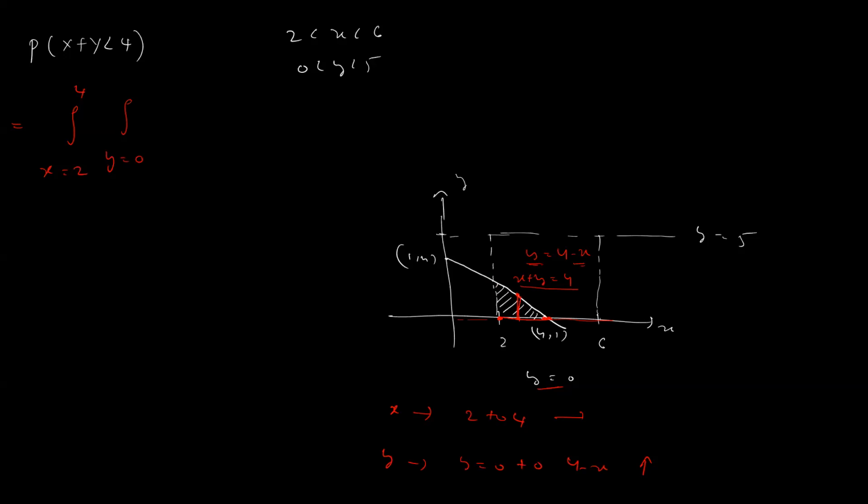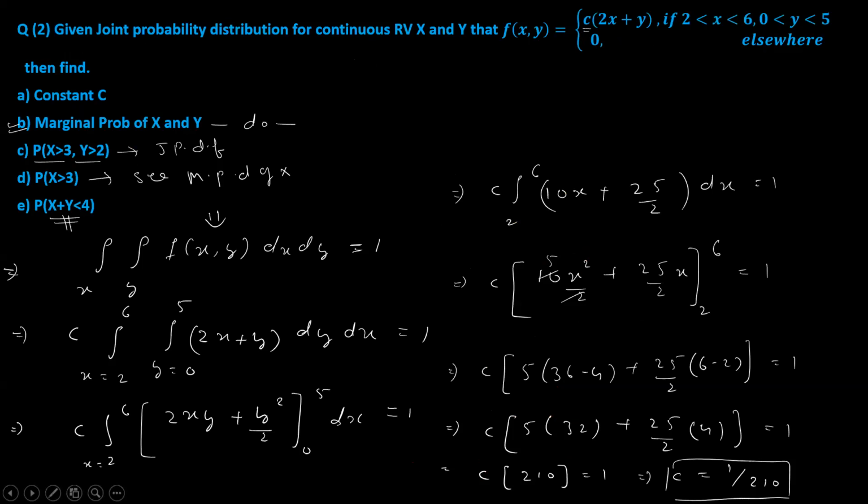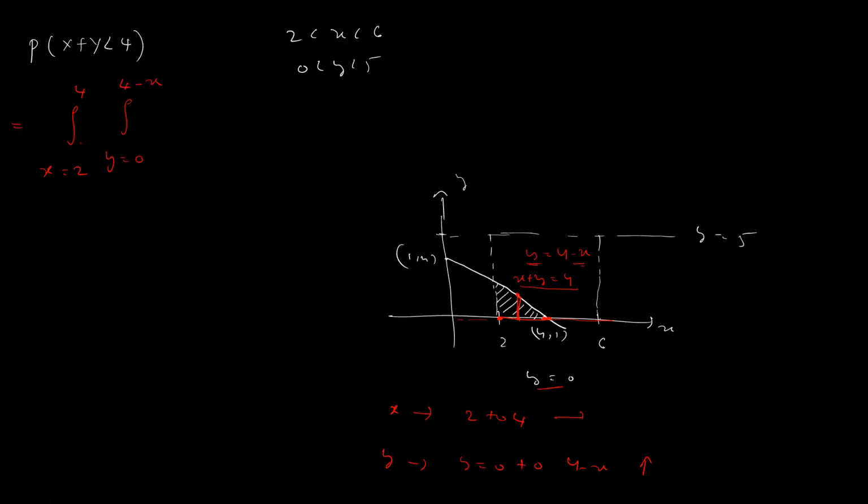Just take the y value from here, so y is equal to 4 minus x. So this will become 4 minus x. And your f of x, y, whatever is given, just put the same thing: c into 2x plus y. The c value is 1 by 210 which we have got, into dy dx. This is the only part you have to integrate.